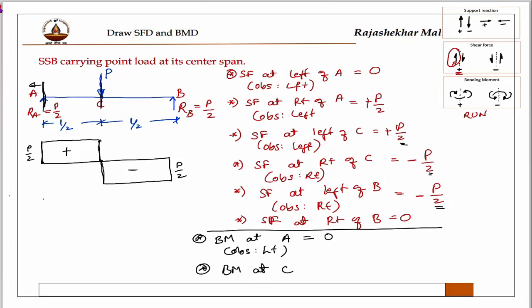C point means this one. Now we'll look at the left side. Then what are you seeing? You are seeing a moment produced by the P by 2 force. That P by 2 force produces a moment when it is multiplied with L by 2. This is L by 2. And this is causing this direction.